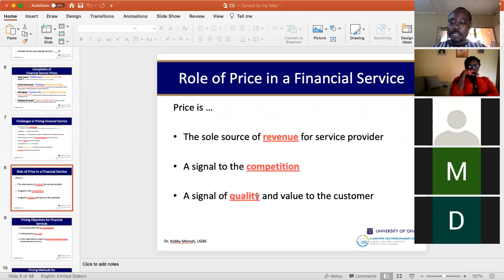So long as you are demanding more, the expectation that you are equally giving out more in terms of quality is high. And there are certain indicators or signals that the consumer is looking at in terms of what they call quality. And once those signals are clear, certainly they are prepared to pay higher, all right? So we're saying that price is actually a determinant of quality.